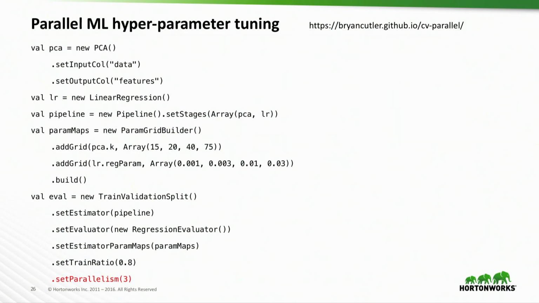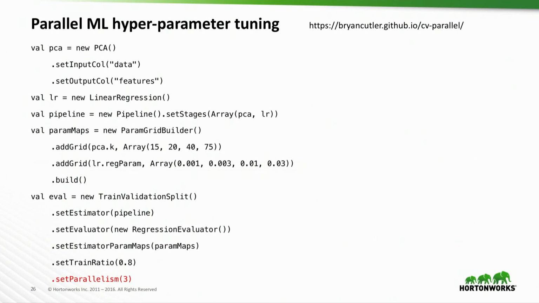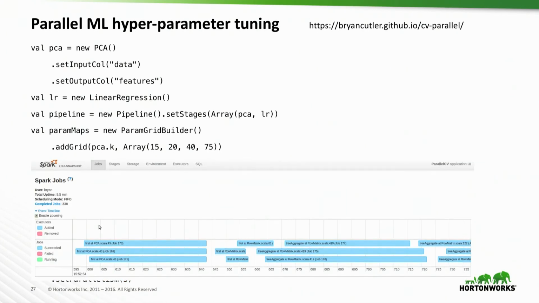So in Spark 2.3, we have added a parameter to control how many jobs you want to submit in parallel. You can see the result of this parameter. Here, we set the parameter to 3, so there are 3 jobs submitted in parallel. You can set it larger, but it depends on whether you have enough resources.